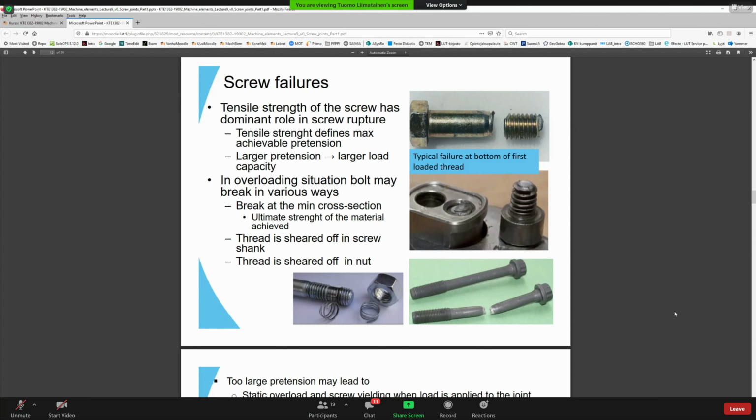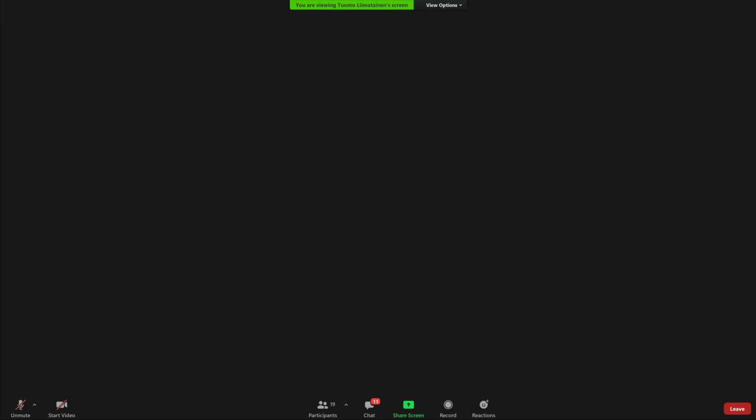So if you consider, for example, this kind of bolt here, which is probably a fixation screw for a cylinder block and head. If this bolt would break, or the joint would break so that this thread is sheared from the cylinder block, what would that mean?